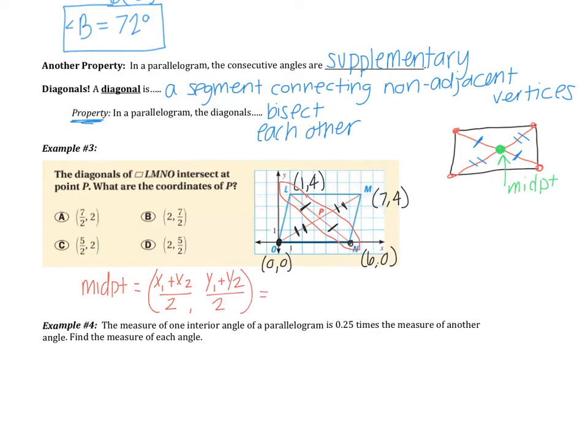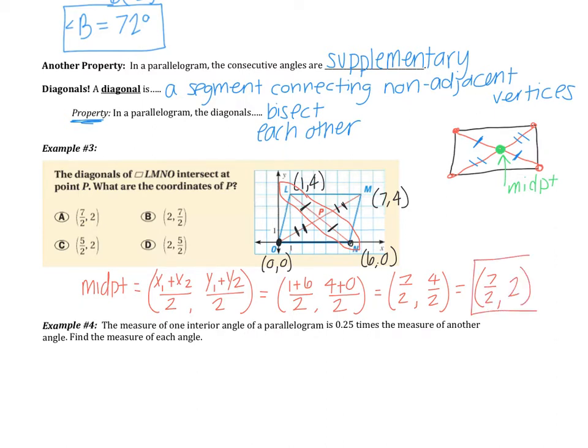So using our coordinate points, it would be 1 plus 6 divided by 2, 4 plus 0 divided by 2. So you get 7 over 2 and 4 over 2, still simplifying. You get 7 over 2 as your x and 2 for your y. So that is point P. Again, it was finding this green point, which is the midpoint.